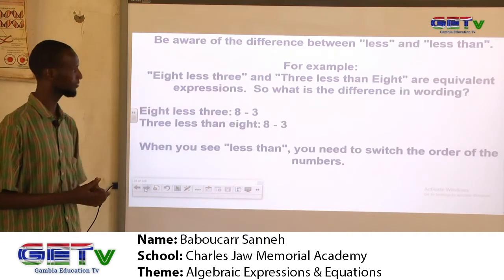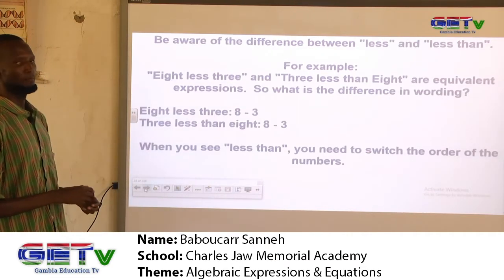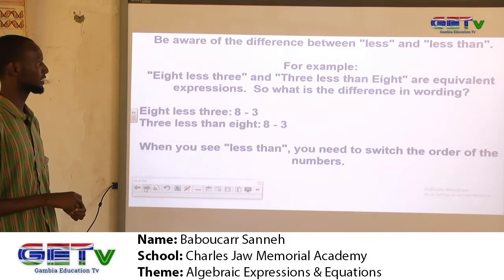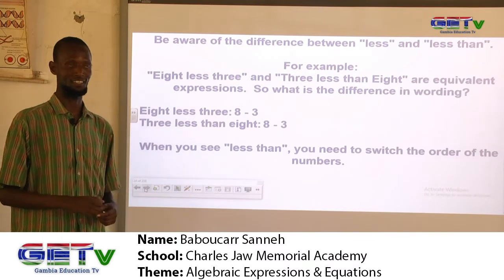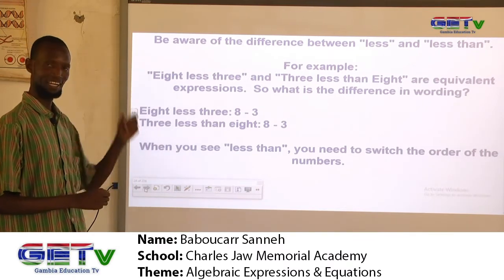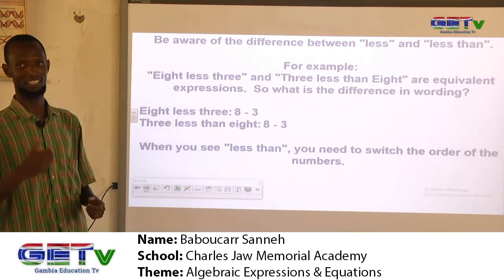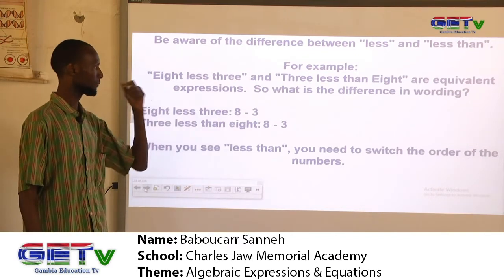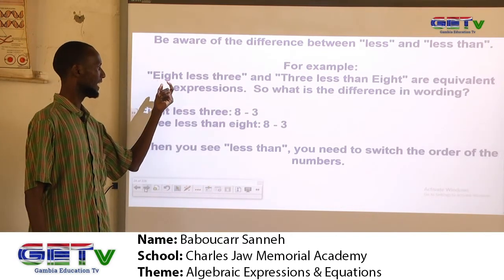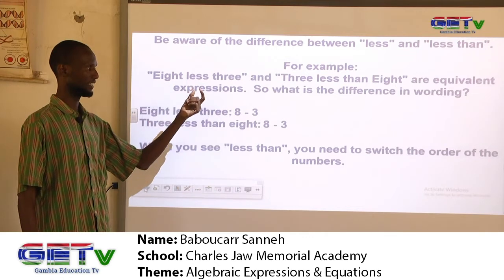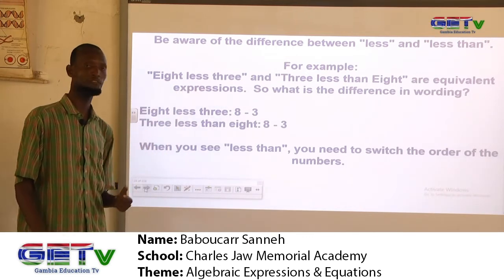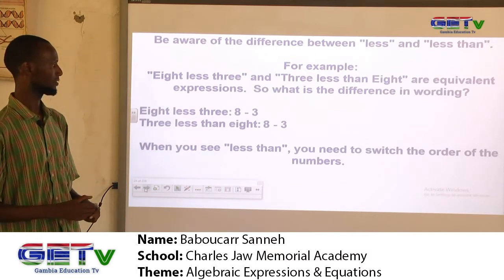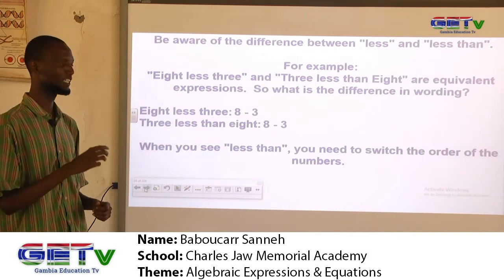Right, now here is something very important. Be aware of the difference between less and less than. For example, 8 less 3 and 3 less than 8 are equivalent expressions. So what is the difference in wording?